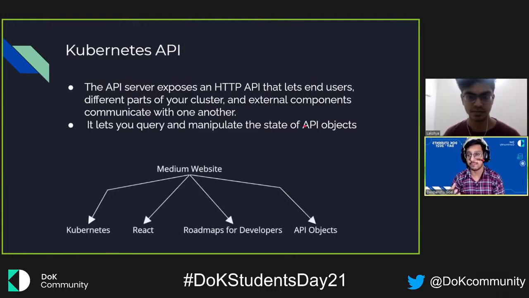You say, hey Medium website, give me a blog on Kubernetes, and it gives you a blog on Kubernetes. The Medium website has served an API, the URL change you have seen in the address bar. That is the API, and through that the Medium website has given you a result. Similarly, the Kubernetes API is an endpoint through which you can access different API objects.